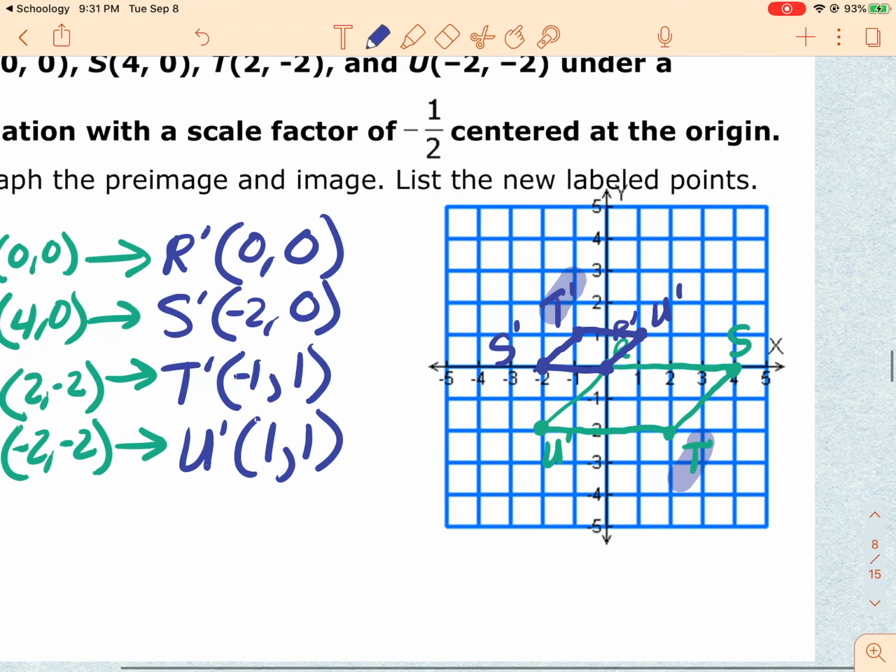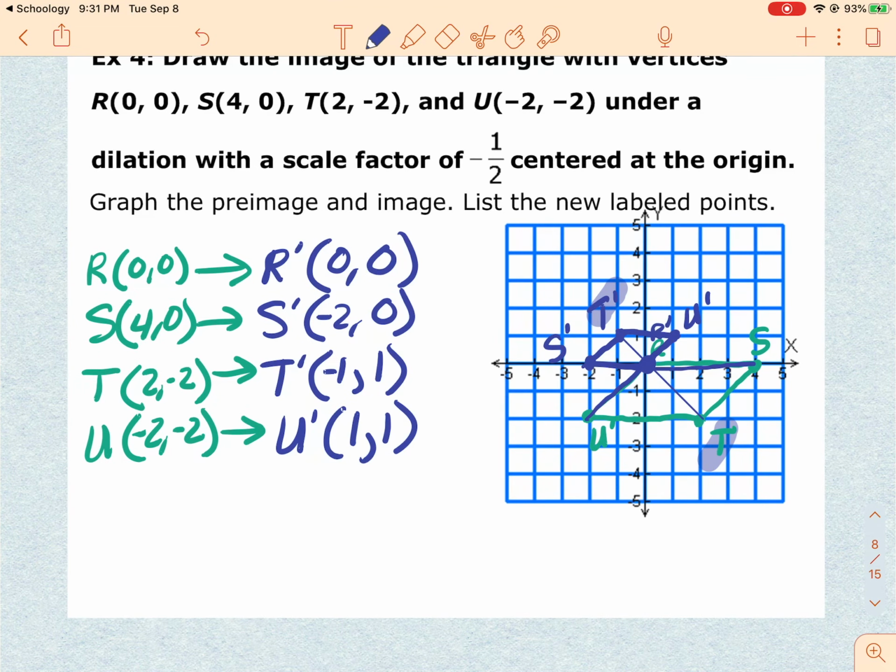Like we had learned with rotations, I can draw a line from T to T prime, and that's going through the origin at 180 degrees. It's a straight line. Same thing works from S to S prime, and U to U prime, all meeting at the origin.